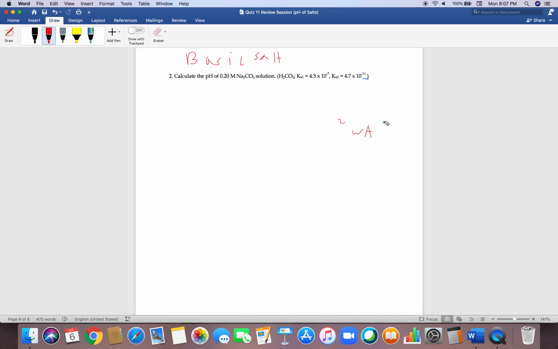So we're going to write the dissociation of the conjugate base, which is the carbonate ion, and we're going to add water to it. And since it's a conjugate base, we have to add water and include the equilibrium symbol, and we're going to get back the acid, but remember we're missing one proton, so we're going to be careful with our Kas, plus the hydroxide.